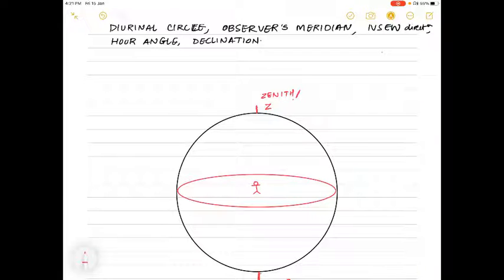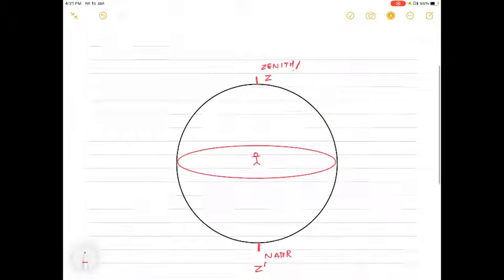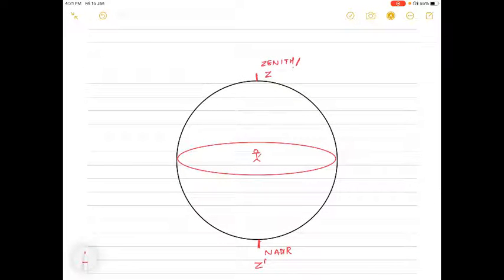Here we are considering an arbitrary position of the observer on the surface of Earth. For that position, we assume the north celestial pole makes an arbitrary angle lambda with the horizon of the observer. So this becomes the north celestial pole, and the point opposite to it becomes the south celestial pole.